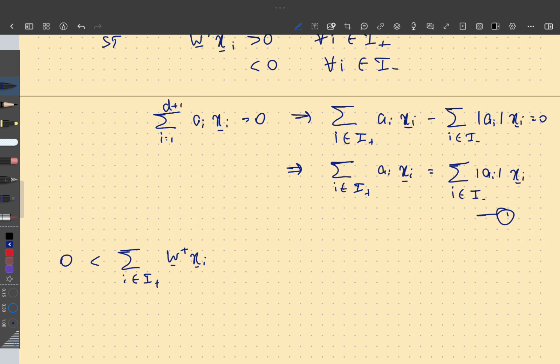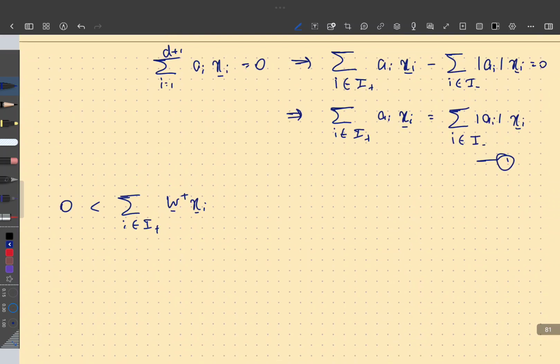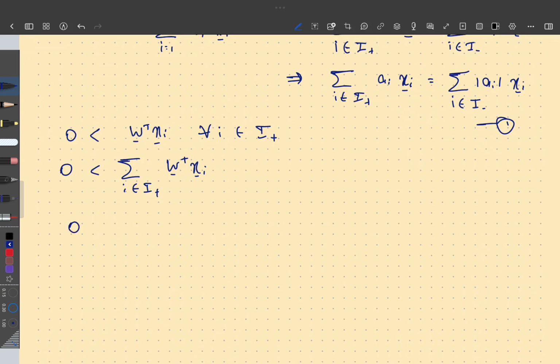And for i in I plus, the corresponding ai's are also greater than 0.